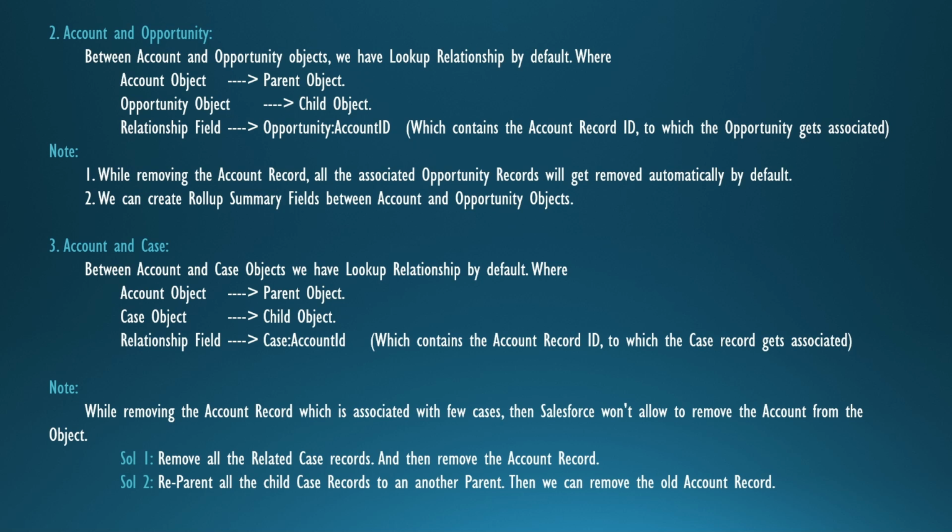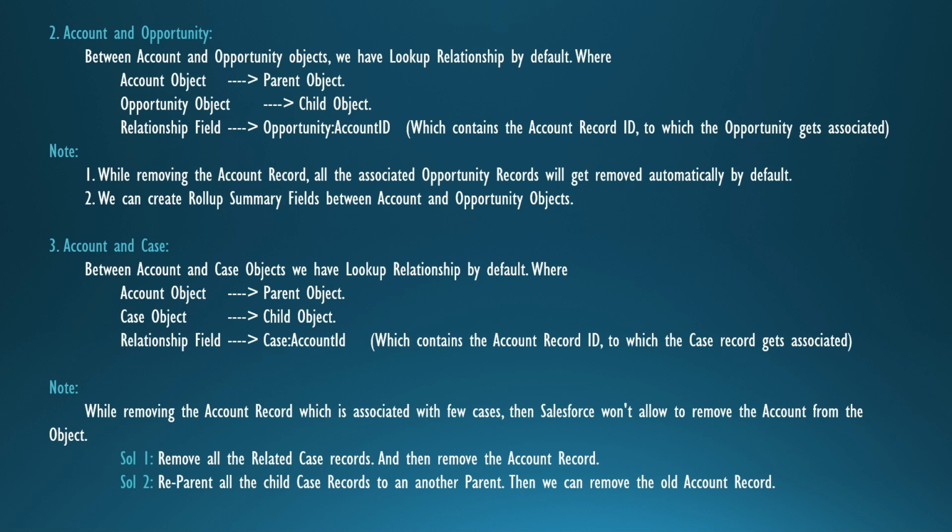3. Account and case. Between account and case objects we have lookup relationship by default, where account object is parent object and case object is child object. Relationship field for case is account ID, which contains the account record ID, to which the case record gets associated.